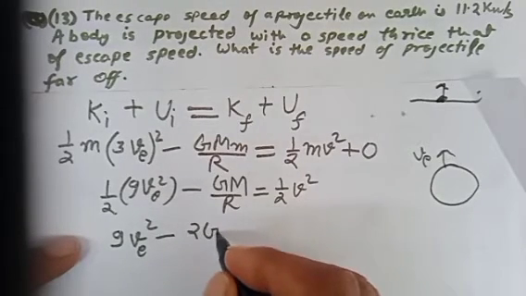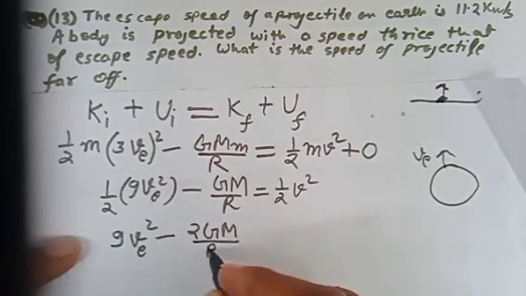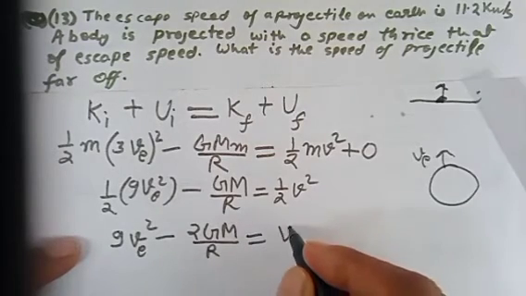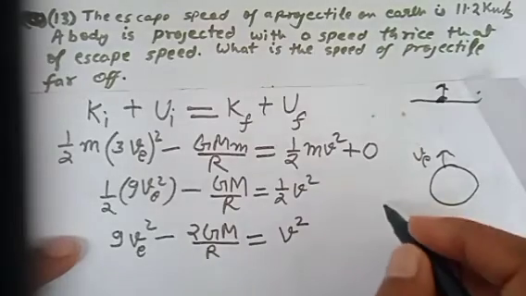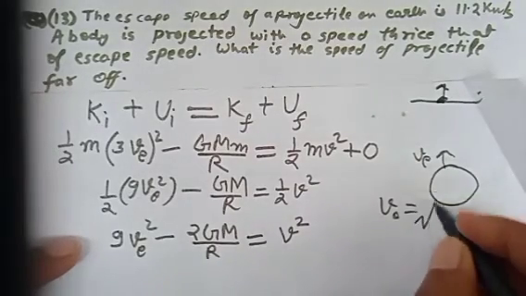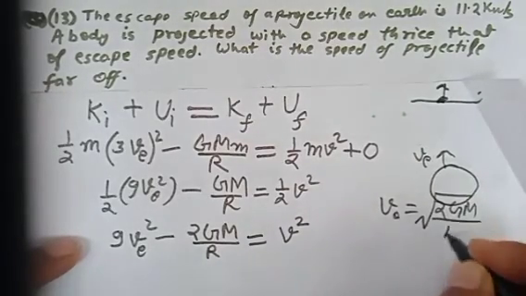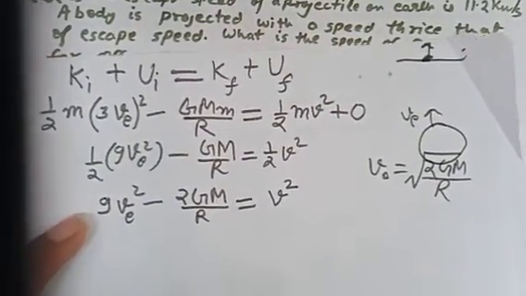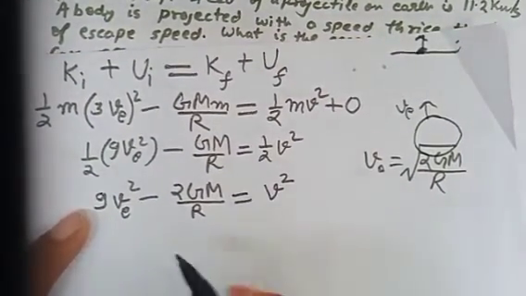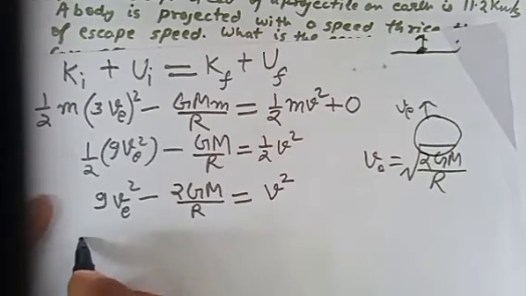Well, if your teacher says that, that's okay, go for it, write that thing. I don't recommend that. Okay, now VE, we know VE is root of 2GM upon r. If you don't know, watch the video I have made for escape speed. Otherwise, this numerical won't work for you.